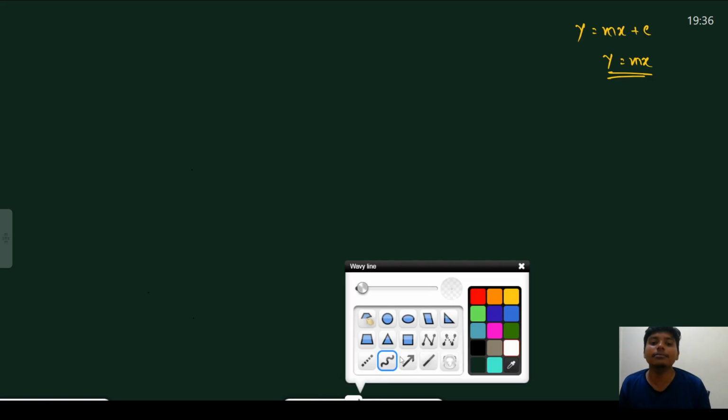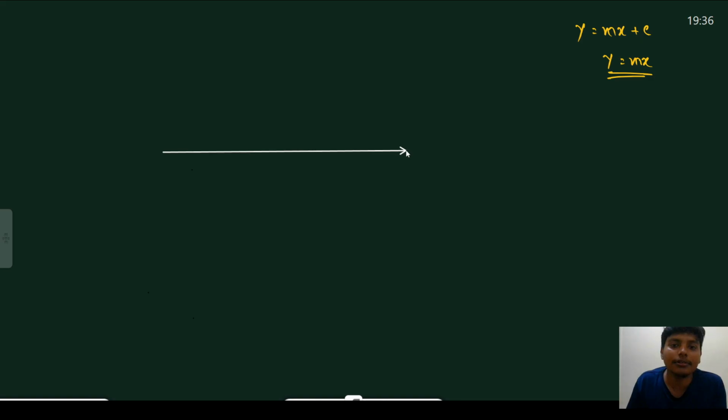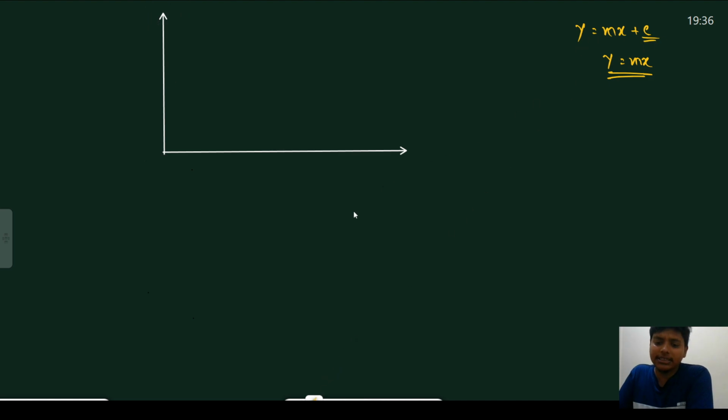What is the equation of a straight line? y equals mx plus c, right? What is c? C is the intercept.